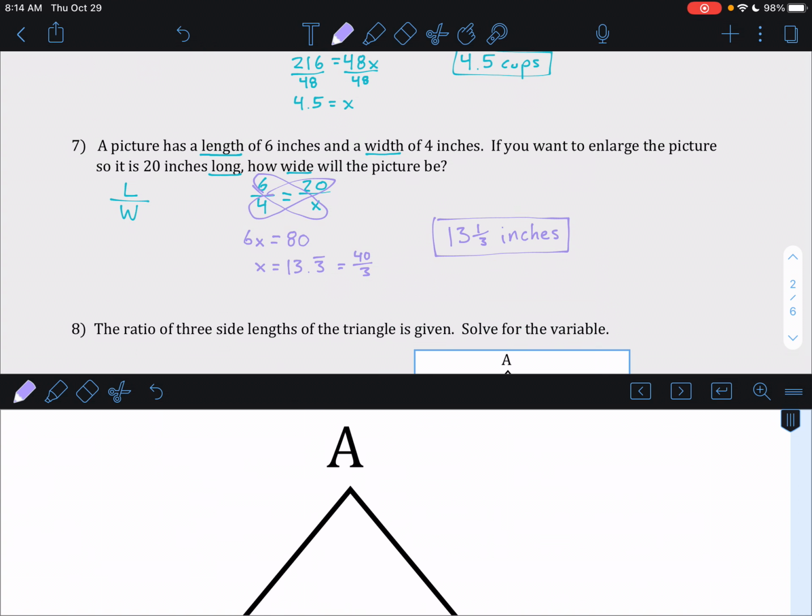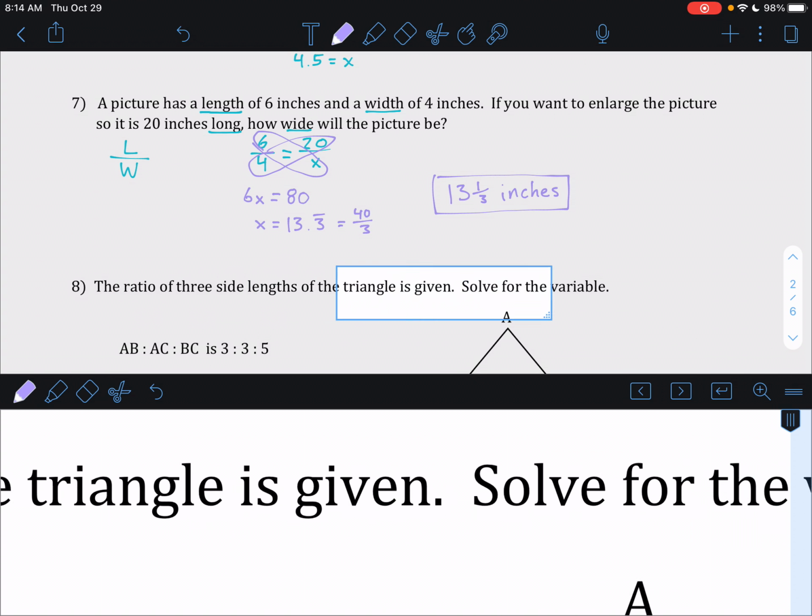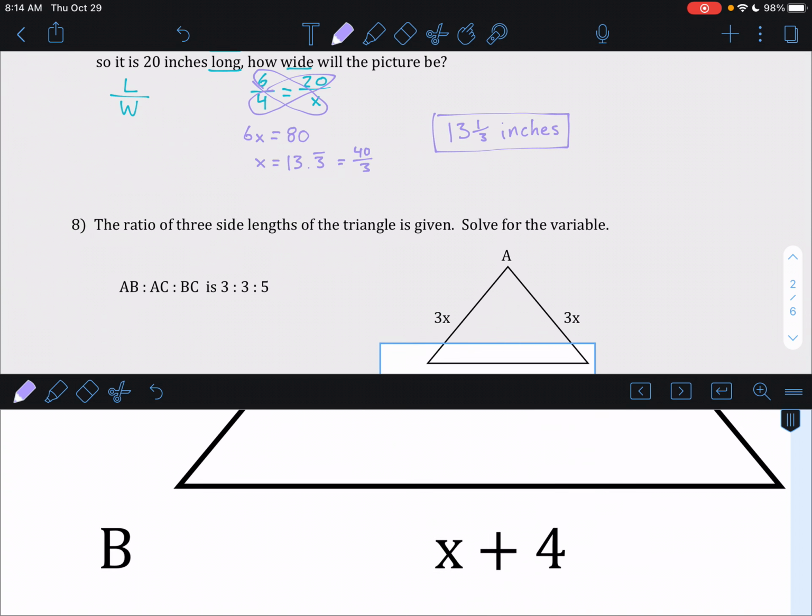And then we have a geometry application of this concept of ratios and proportions. So the ratio of 3 side lengths of the triangle is given. Solve for the variable.